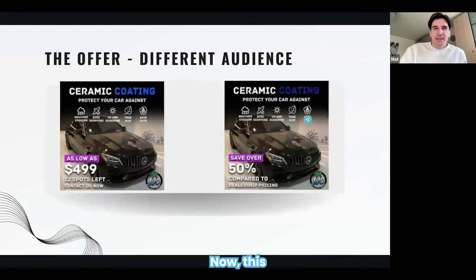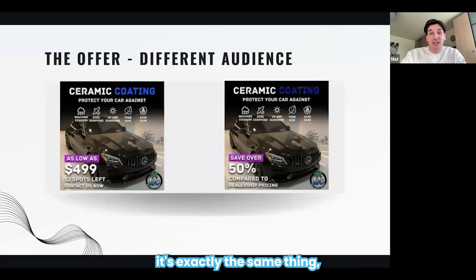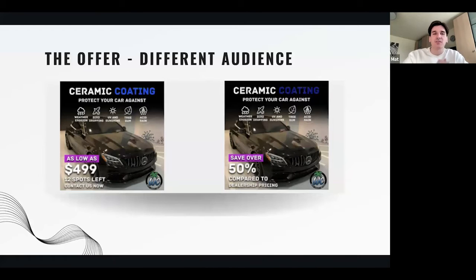Now, testing your offer. Those two might seem like it's exactly the same thing, but they are targeting two very different types of people. So on the left-hand side, right, you've got as low as 500 and then 12 spots left. On the right-hand side, you've got 50% compared to dealership pricing, right? So the left one is scarcity.